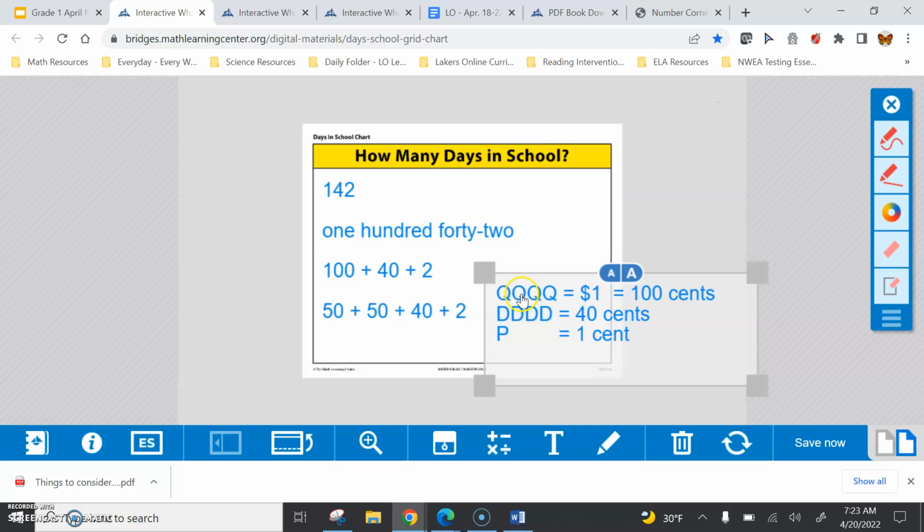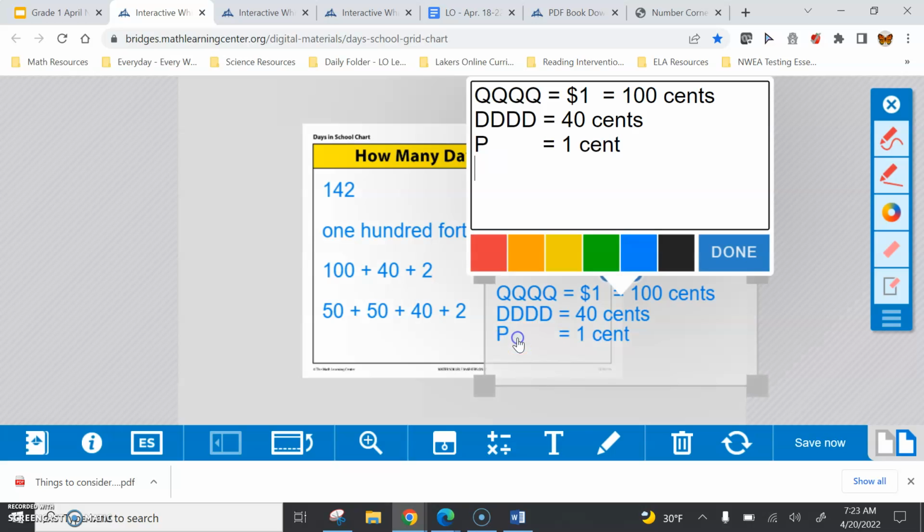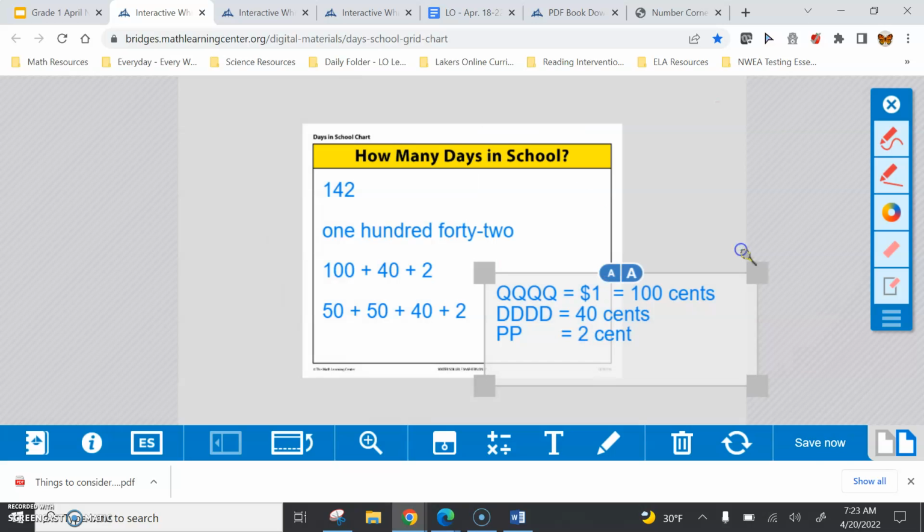Finally, we have our coins here. 4 quarters, which is equal to $1, which is also equal to 100 cents, plus 4 dimes, which is equal to 40 cents. That would make $1.40 or 140 cents, plus now 2 pennies to represent the 2 cents, 142.